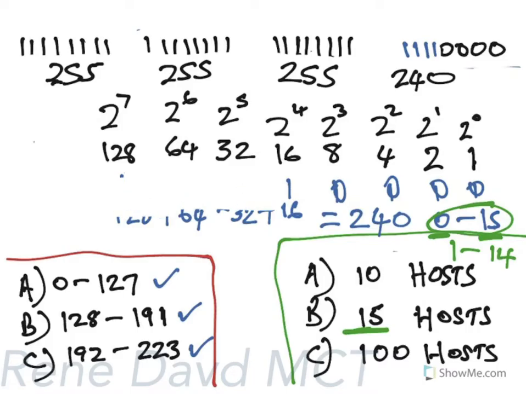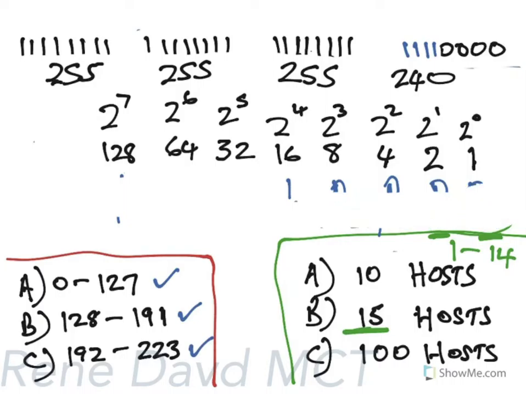So if I just remove this over here and we have a look at this, we need 1, 2, 3, 4. That takes us to 15. Not enough, because remember, 0 and 15 cannot actually be used because 0 is the network identifier and 15 is the broadcast address. Because of that, we only have 14 possible host addresses if we use 4 bits.